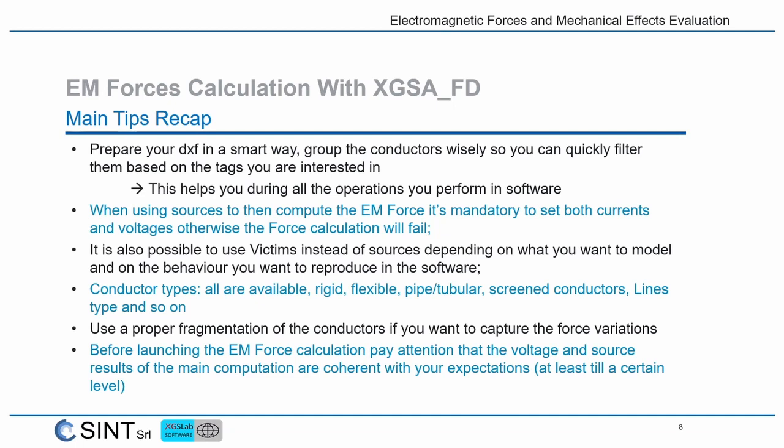About the conductor types, all the types are available, so you can use rigid or flexible pipe type, screened conductors, and line types too. So you have the maximum flexibility in this respect.